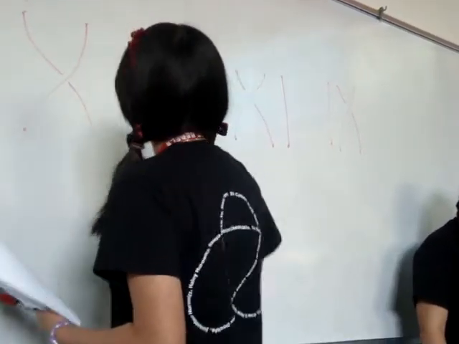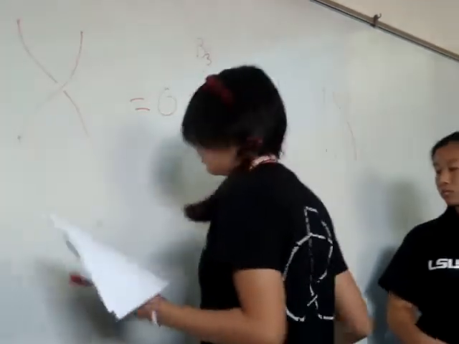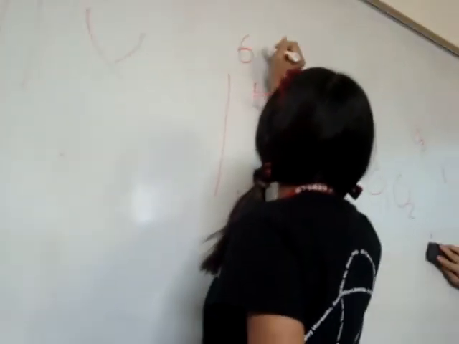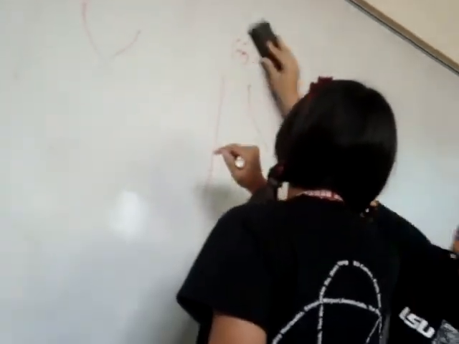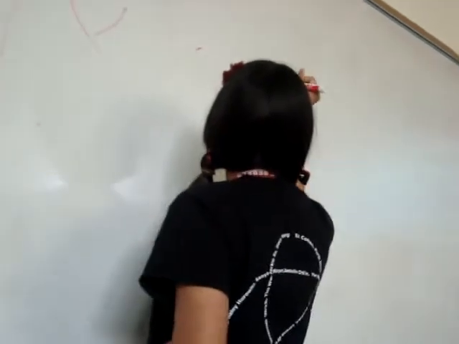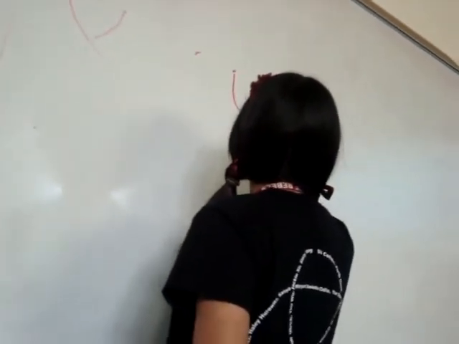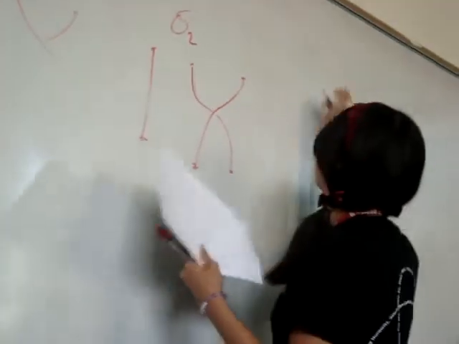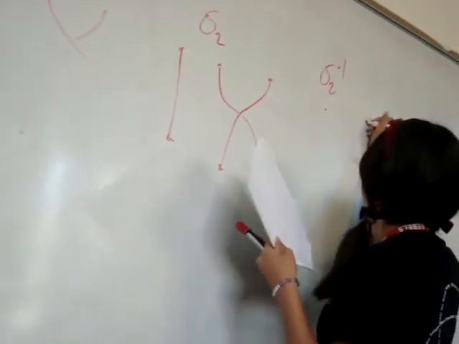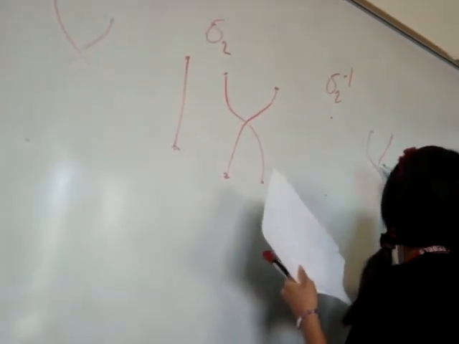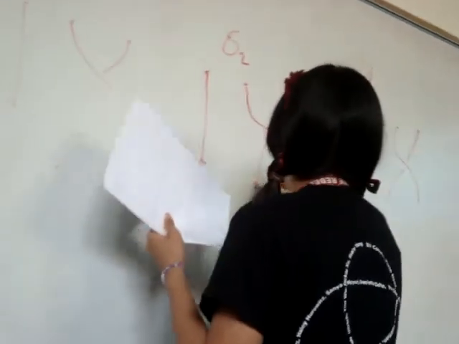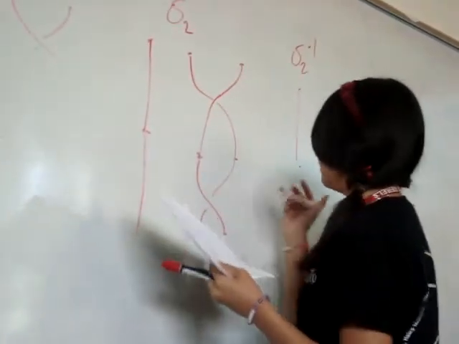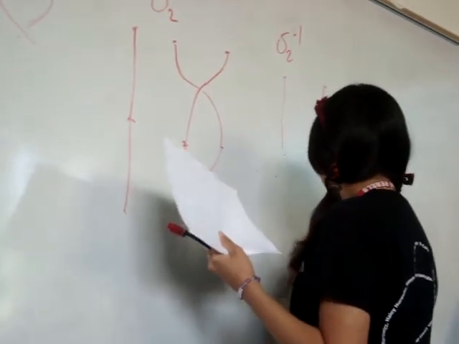So if you have sigma 2, which is this, and you take the inverse of sigma 2, which is this, and multiply them, and by multiplying you just stack one on top of the other, you can take this strand and pull it over the other strand, and you will get the trivial braid.